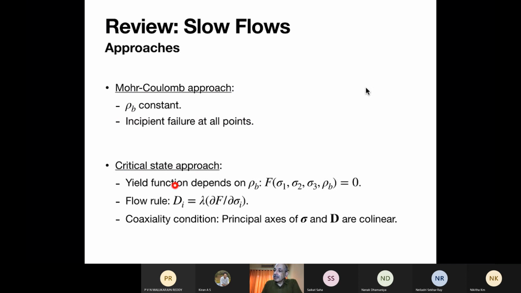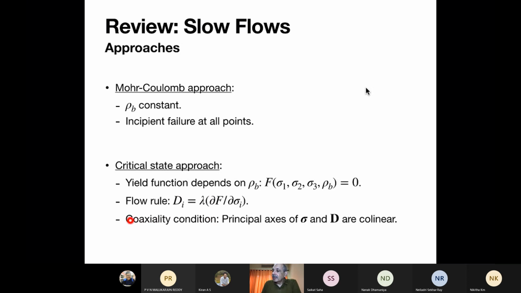But in this theory, there are three parts to the theory. One is there is a yield function which depends on the density and the principal stresses. Then there is a flow rule which relates the rate of deformation tensor and the stress tensor. These are the principal coordinates of the rate of deformation tensor D and the stress tensor sigma, and lambda is some constant to be determined.